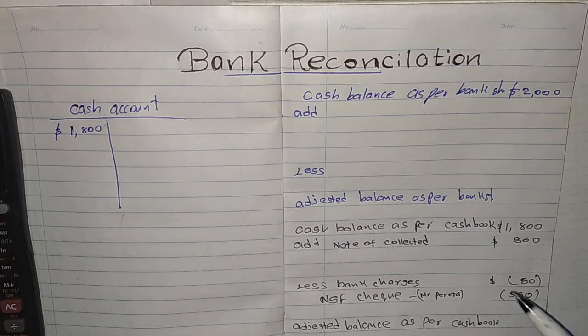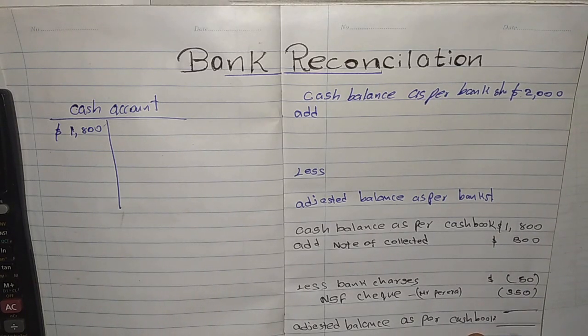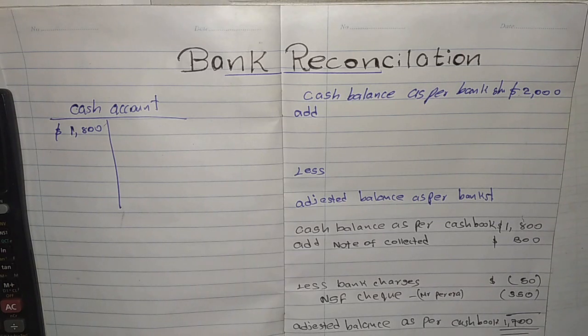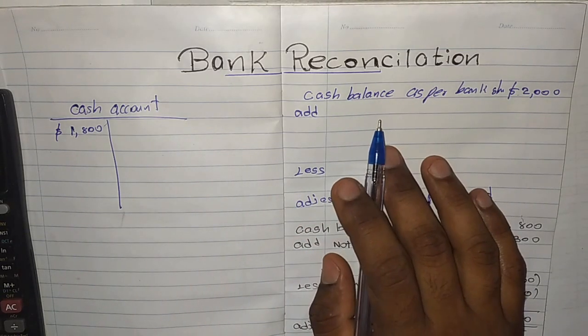If we start from $1,800, add $300, and subtract these two charges, that gives an adjusted balance of $1,700 in our books.